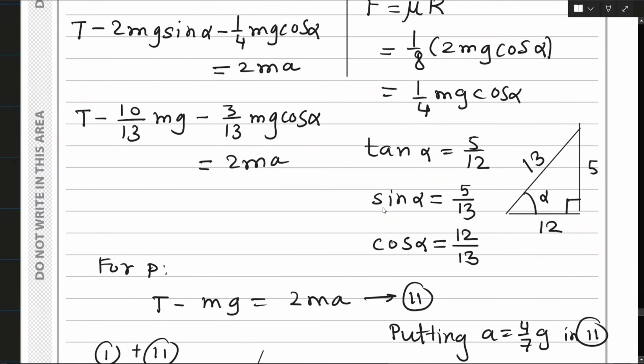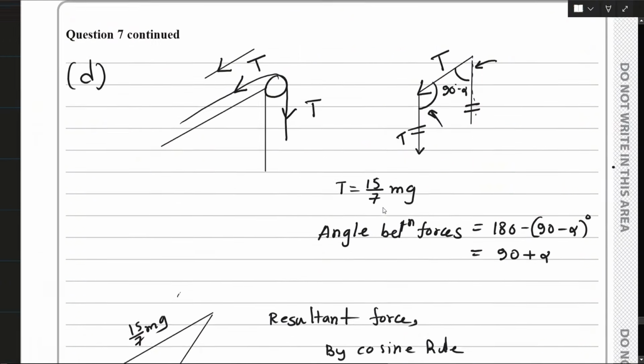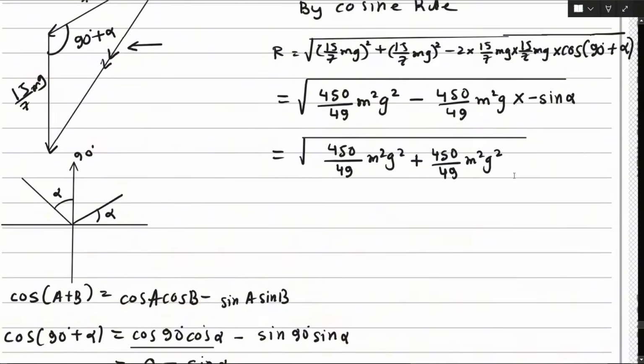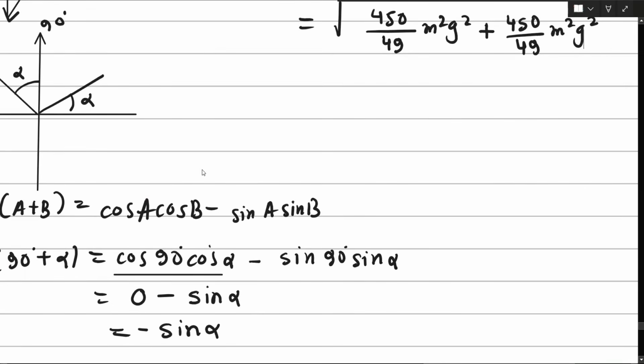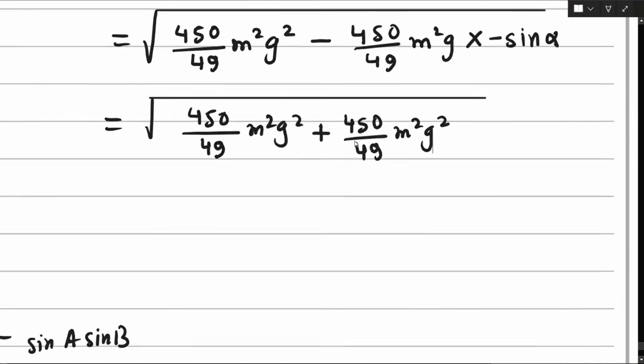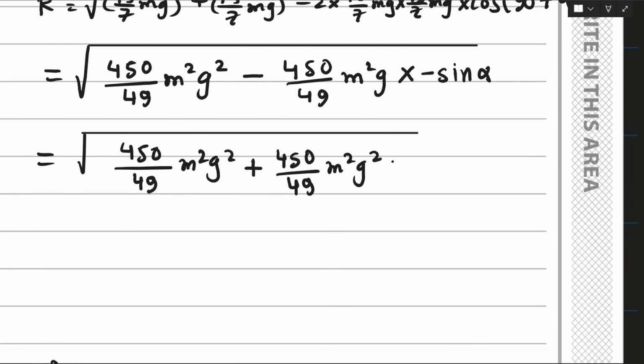So we saw that sin alpha is equal to 5 by 13. I'm going to use that here. So this was the reason for our simplification. When we simplified the cos 90 plus alpha term, it gave us the convenience that we can use the sin alpha value directly.